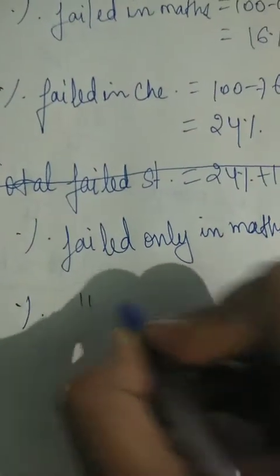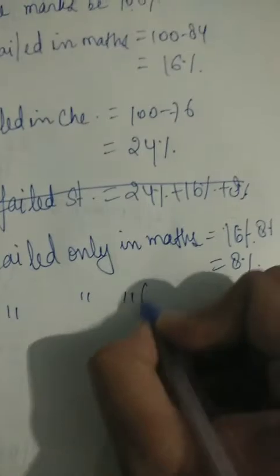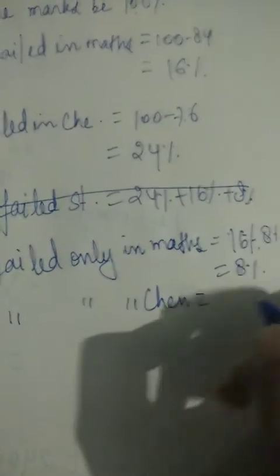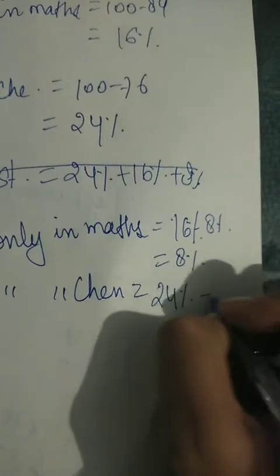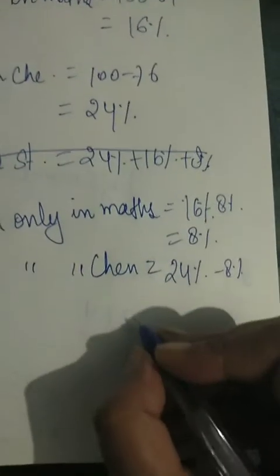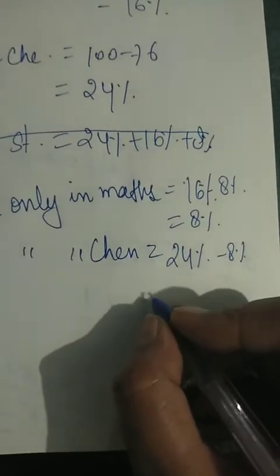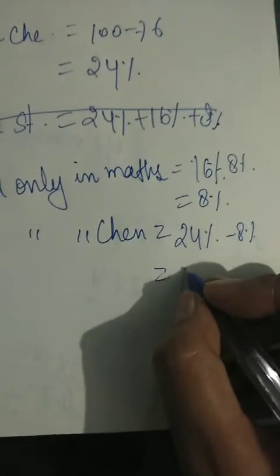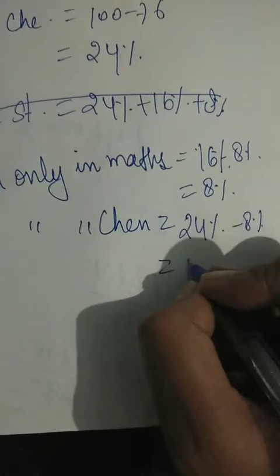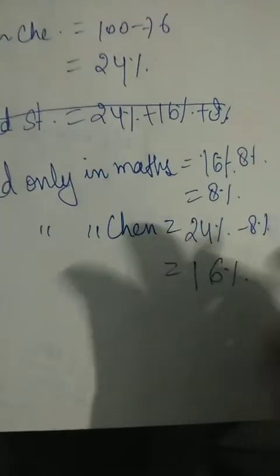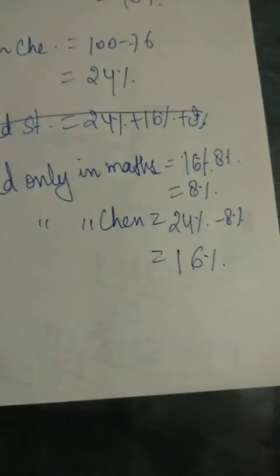Percent failed only in chemistry is equal to 24% minus 8%, because 8% failed in both the subjects. So it will be equal to 16%. 24 minus 8 is 16.